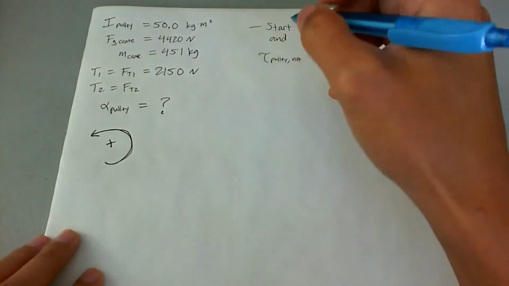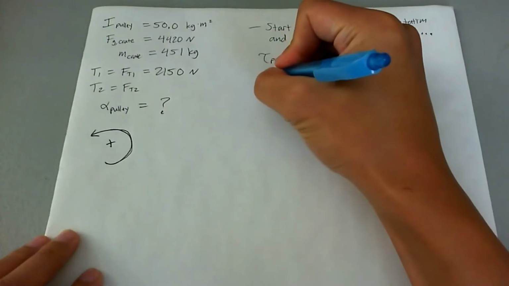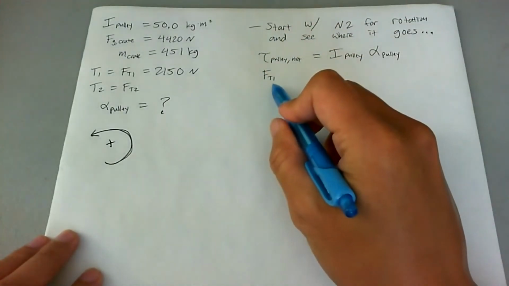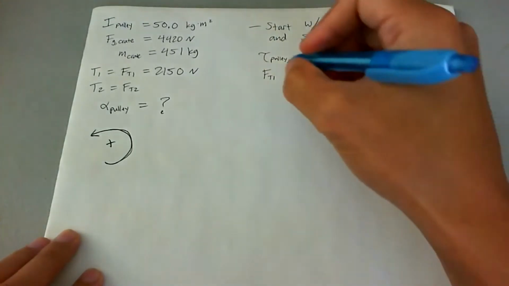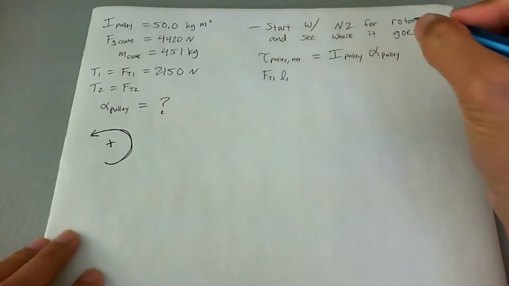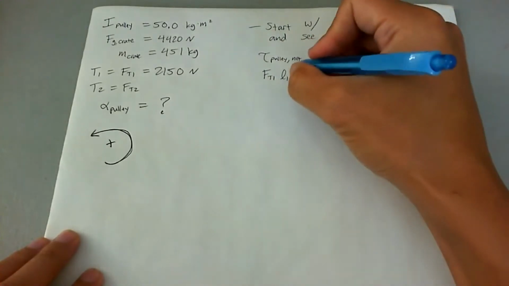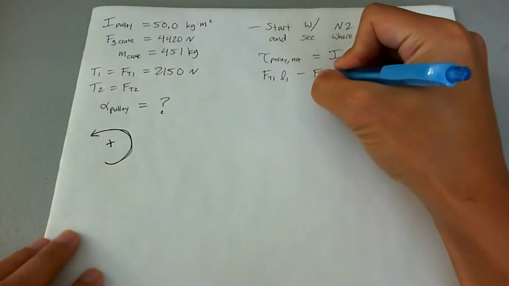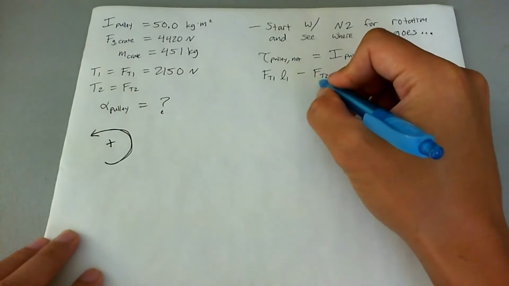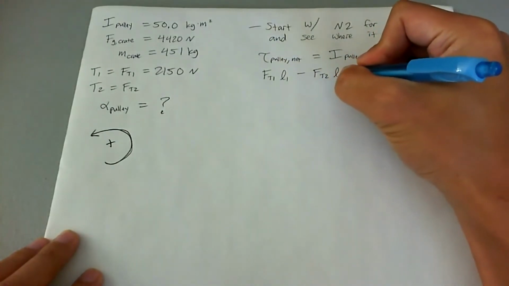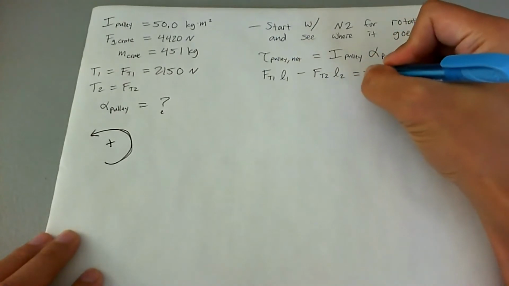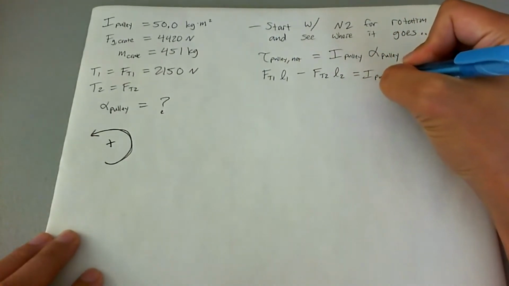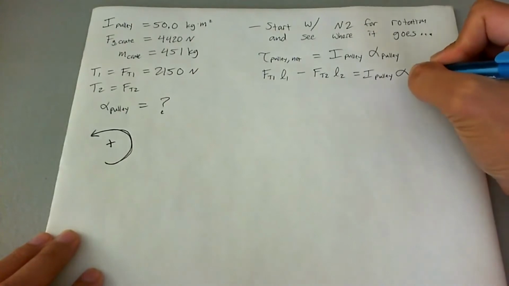Let's put Ft1, that's the force supplied by the motor pulling the pulley counterclockwise, times L1, which is the bigger radius, minus Ft2, that's the force supplied by the crate, multiplied by the smaller radius, L2. And that's going to equal I of the pulley times alpha of the pulley.